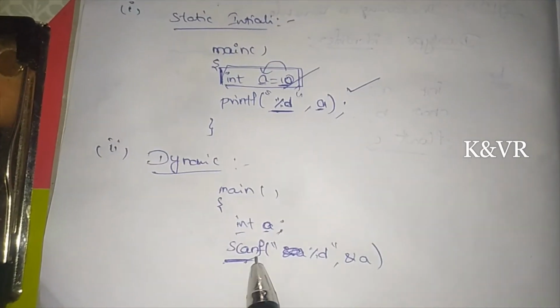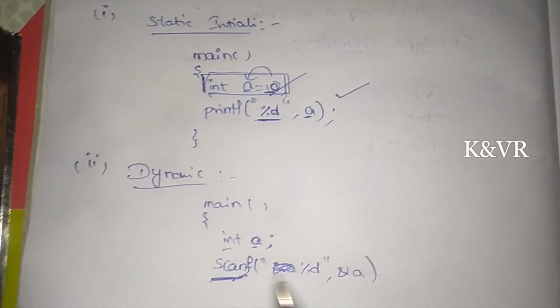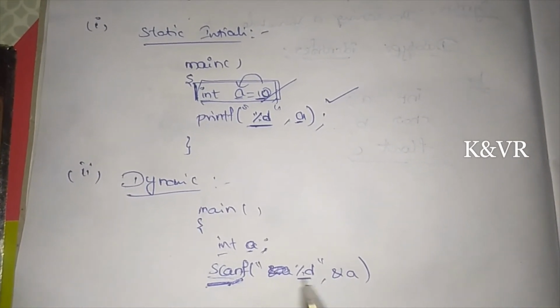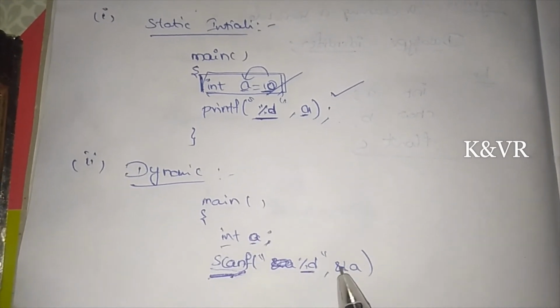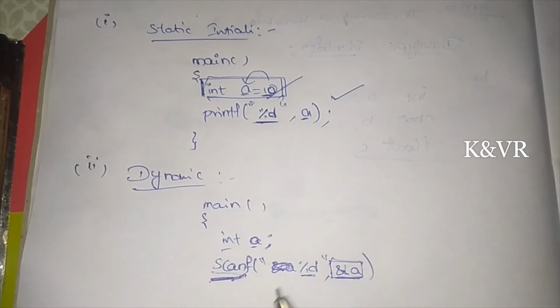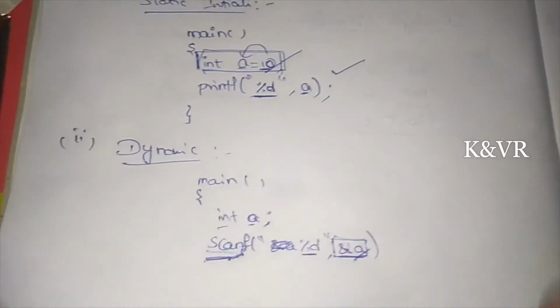The scanf is a function to read the data dynamically. Means whenever the code is running, scanf takes the input from the user and stores this value at the place where a represents its address. Means it stores the data at the address of a.